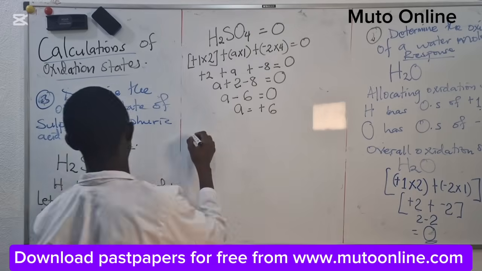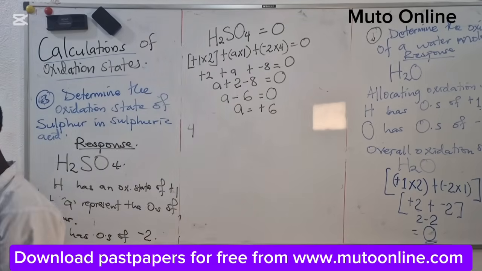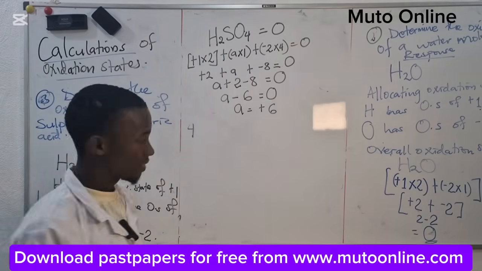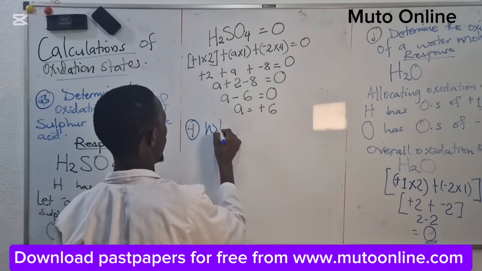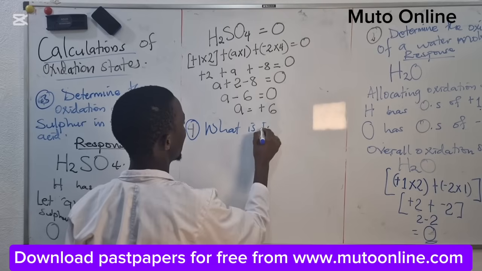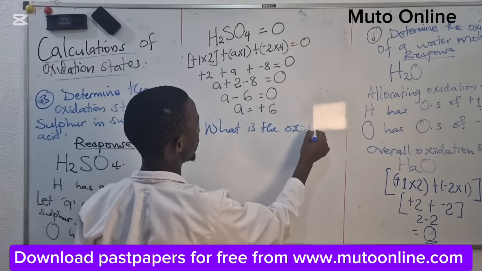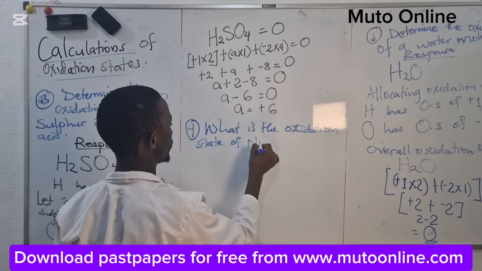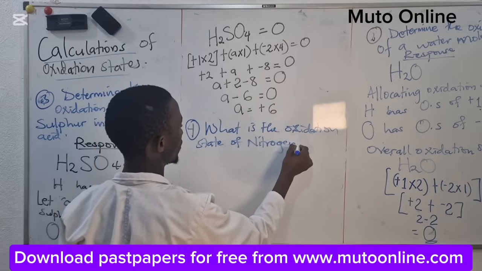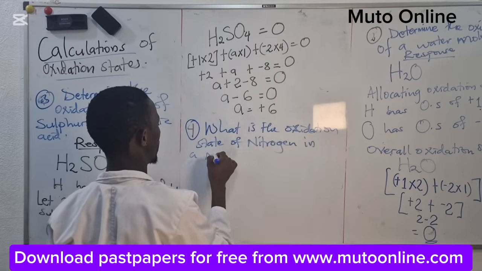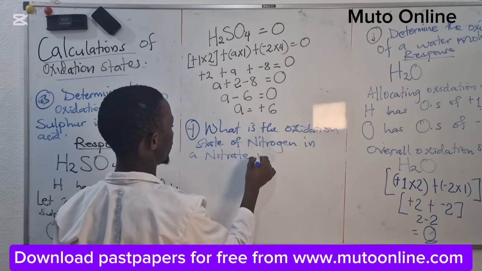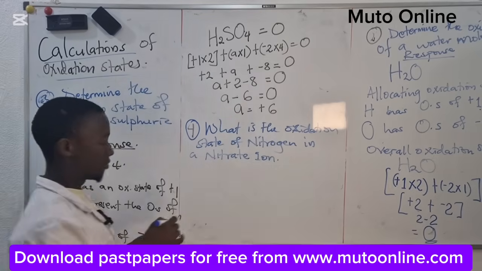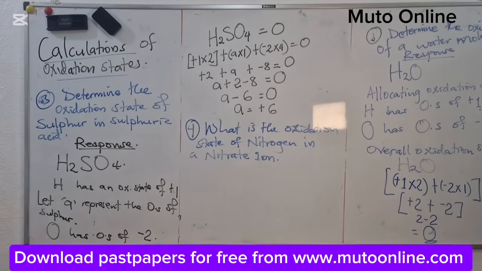Let me ask for example 4. What is the oxidation state of nitrogen in a nitrate ion? Yes, we've said the first step is writing a correct formula.